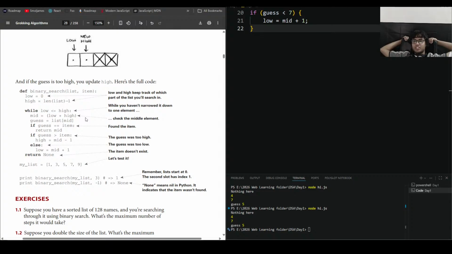If guess is bigger than the item, then high becomes mid minus 1. Else low is low plus 1, and return none. Let's test.